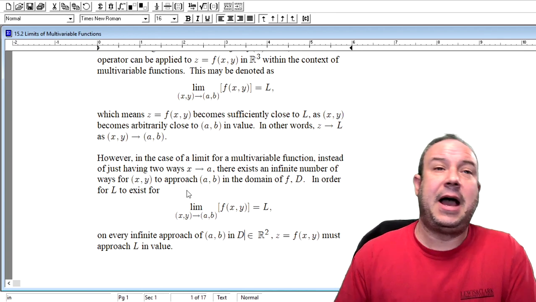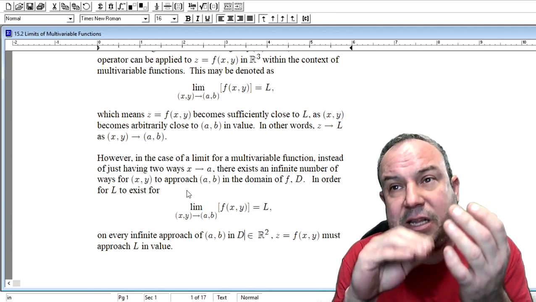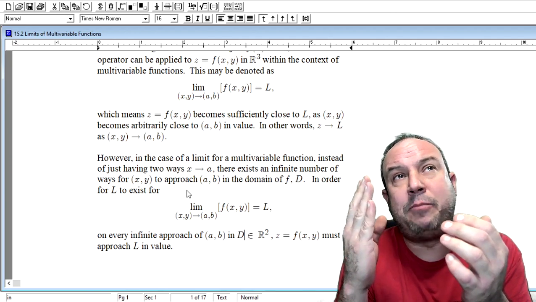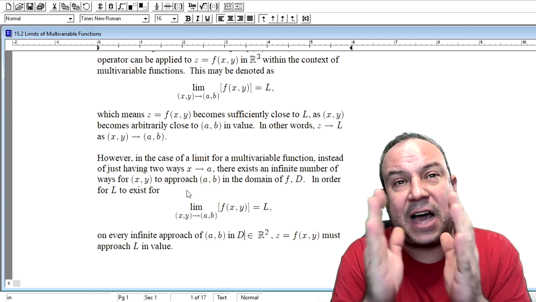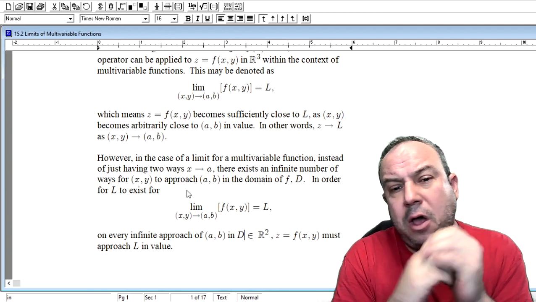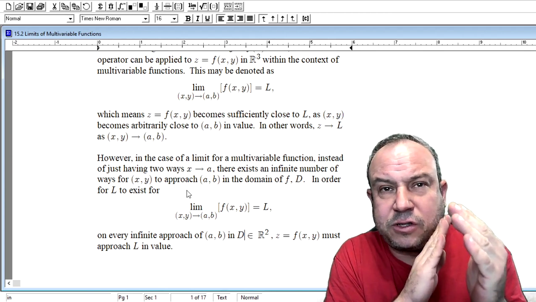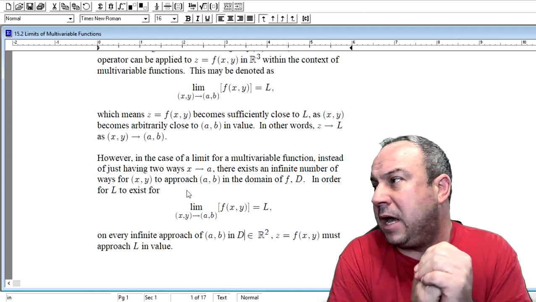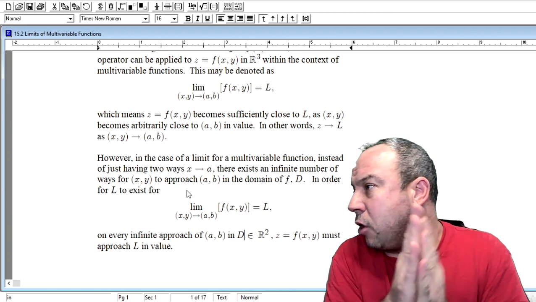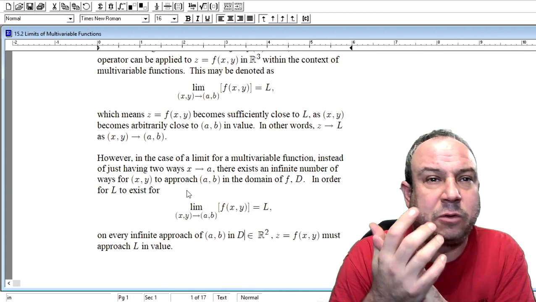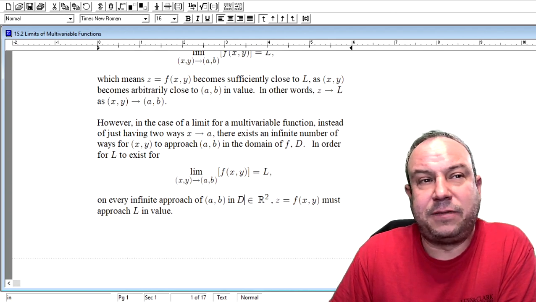There are going to be areas where we have limit concerns on boundaries within our domain. So we want to make sure that we are only considering approaches that are happening within that domain. Certainly anywhere the domain doesn't exist, we can't approach that coordinate in those regions. So I do add that in here, respectively.